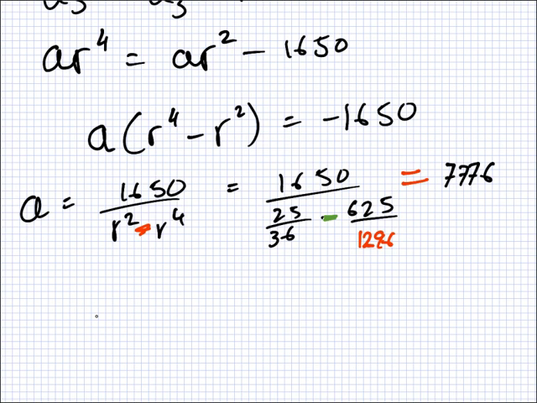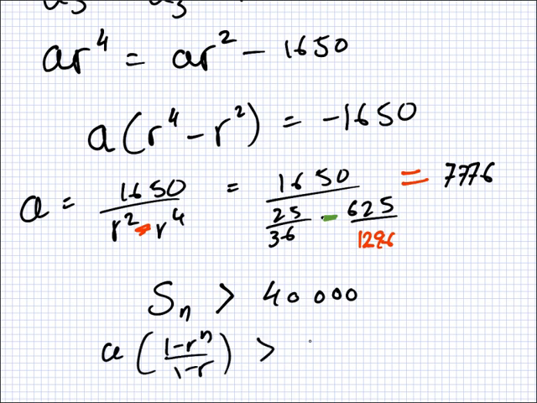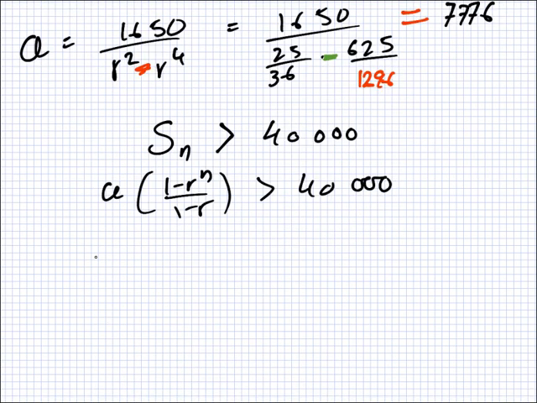Right, let's see. So we want Sn to be more than 40,000. So that means a(1 minus r to the n) over 1 minus r needs to be more than 40,000. Divide by a.